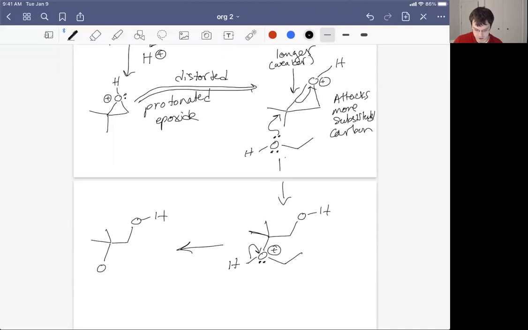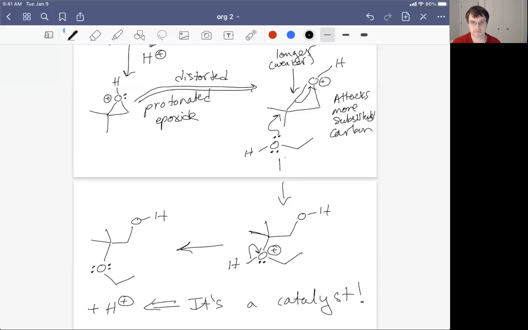Our oxygen still has the ethyl group from ethanol adding. Now 2 lone pairs of electrons, and we've regenerated H+. And if H+ is the starting material and a product of the reaction, it's a catalyst. So we show the H+ as a catalyst of the reaction. Okay.